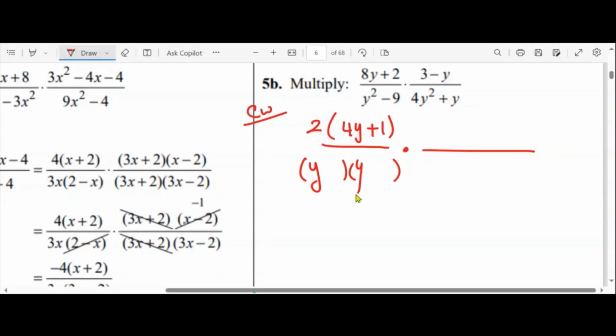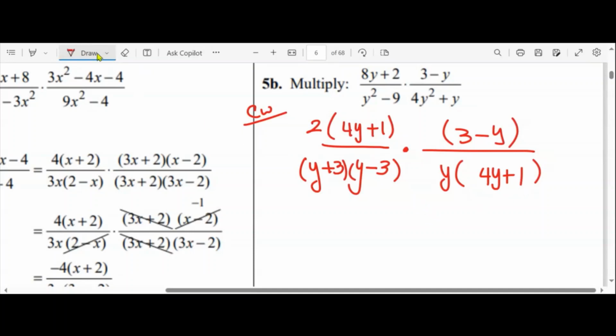Now I leave the hard one for you. Do the hard one. What's the greatest common factor? 1. What's left? 4y, y plus 1.